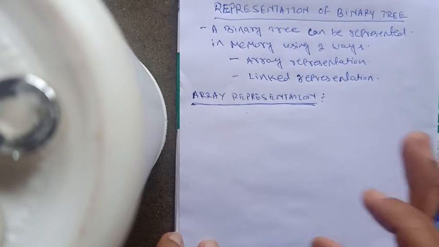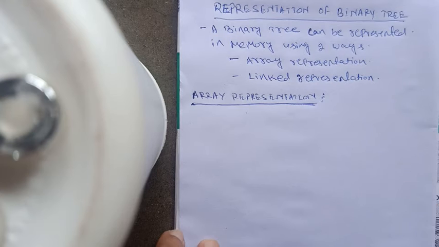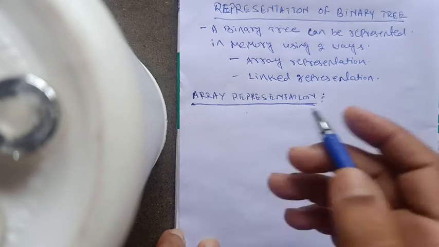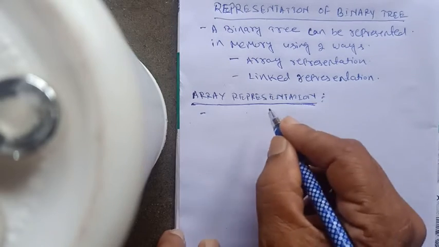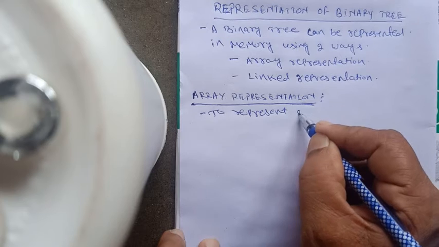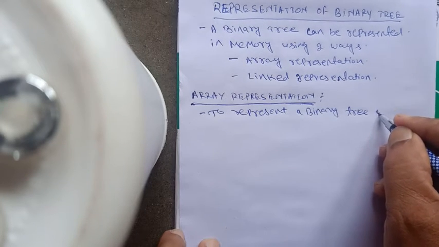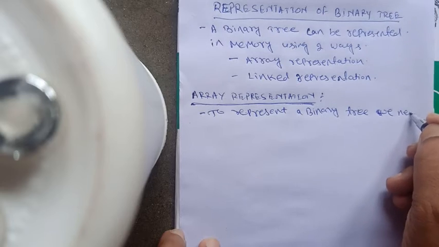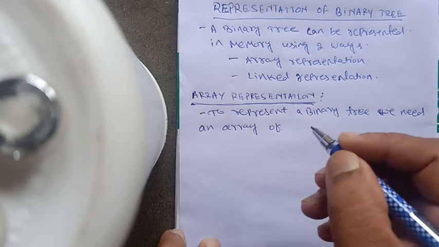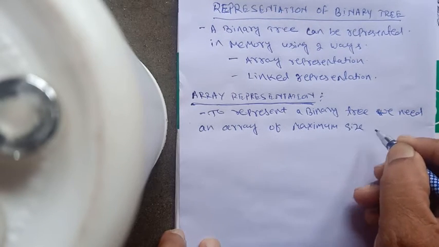In this method we have to create an array of a fixed size. So to represent a binary tree, we need an array of maximum size max.